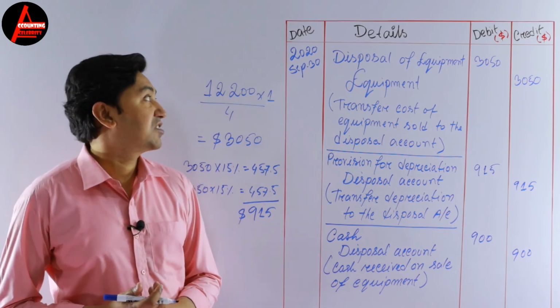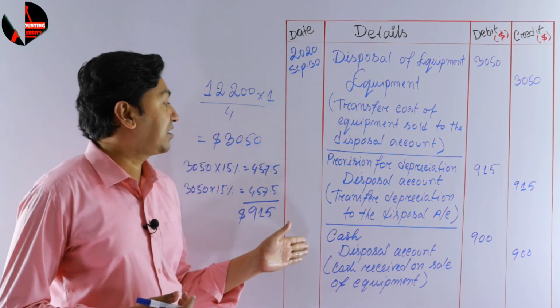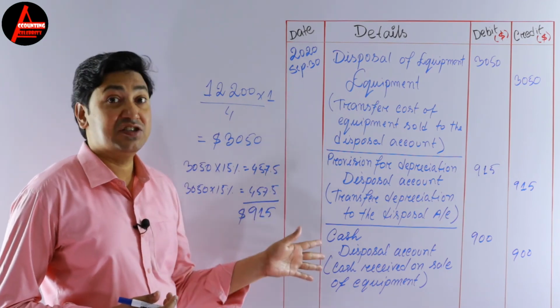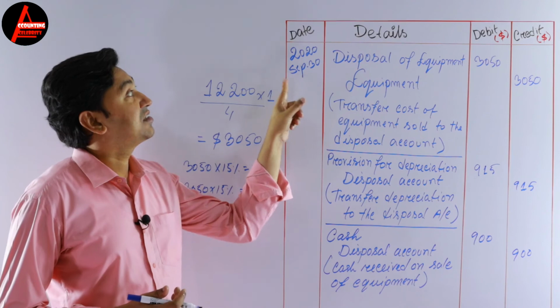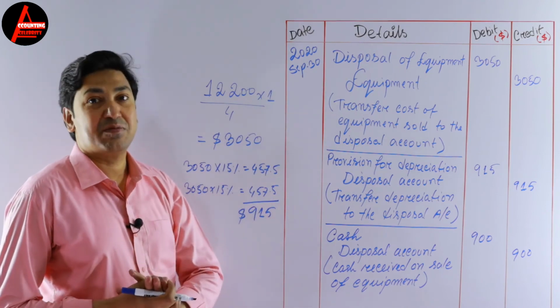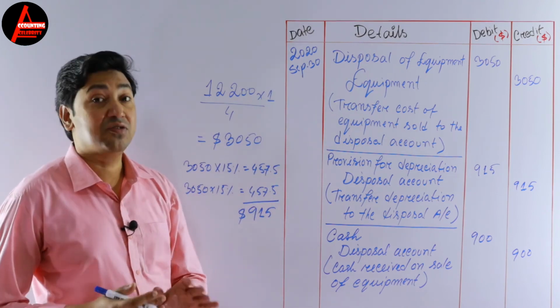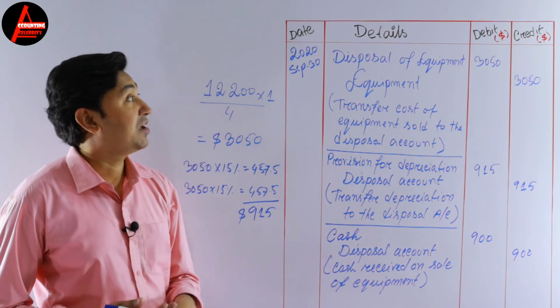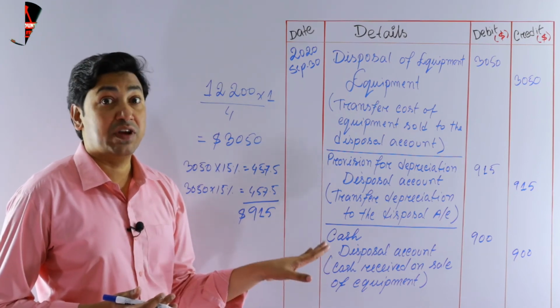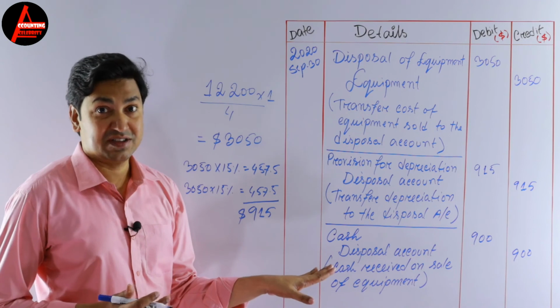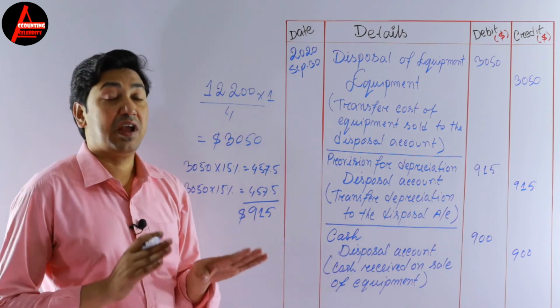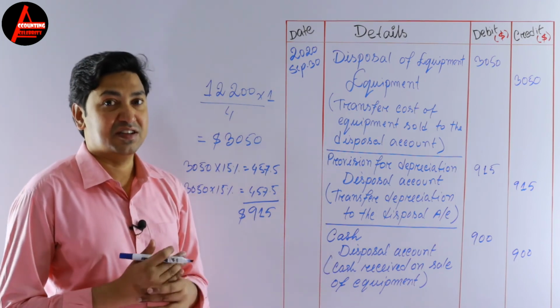Okay, very good. So here we did not put any dates because all the transactions are made on the same date 2020 September 30. Okay, I hope you understood how to prepare the journal entries for the disposal of any non-current asset in the business, and same transactions you make for any kinds of non-current asset disposal.